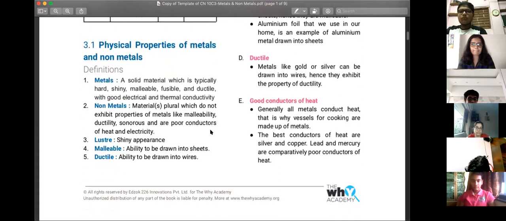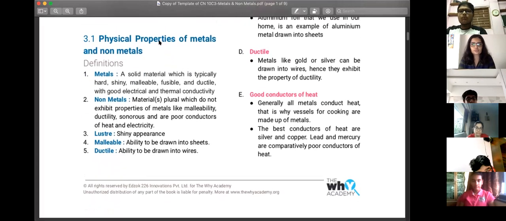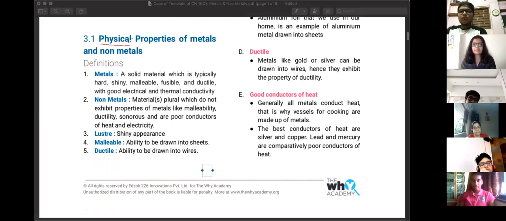Okay, so coming to the first part, which is the physical properties of metals and non-metals. Whenever you come across physical properties, it means physically speaking, if you're just looking at it with your five senses, what does it look like?